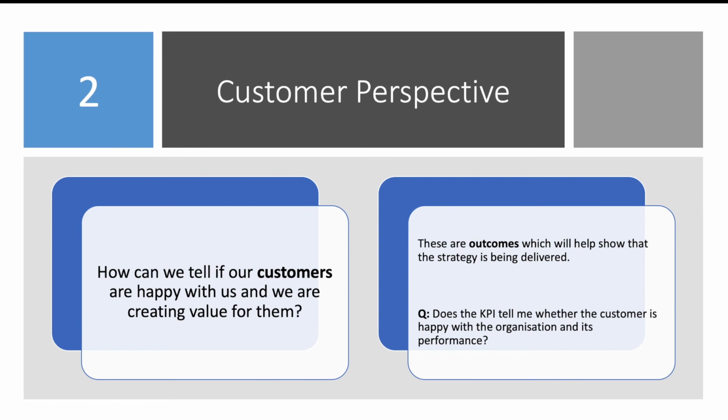Now what question will we be asking? Does the KPI tell me whether the customer is happy with the organization and its performance? If the KPI is giving the answer to that question, then it means the customer perspective has been met in the balanced scorecard. What are the examples of that?